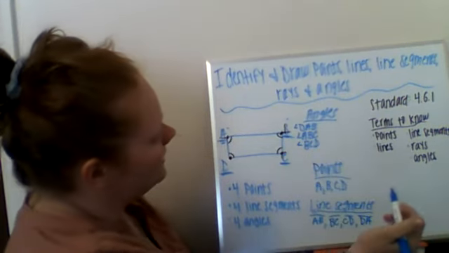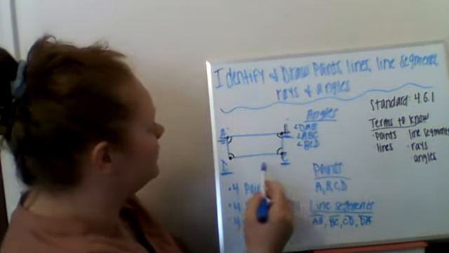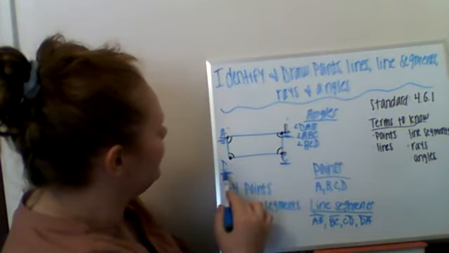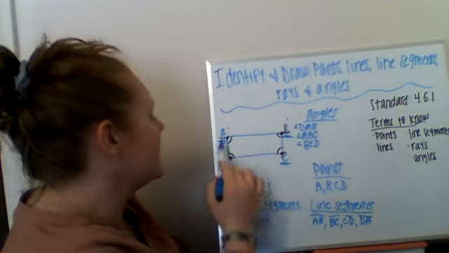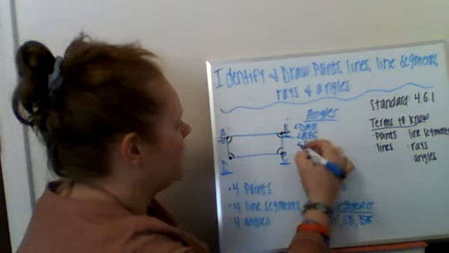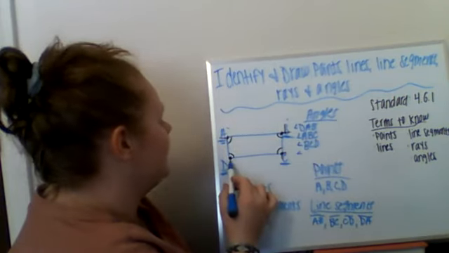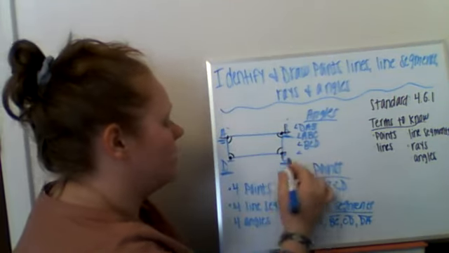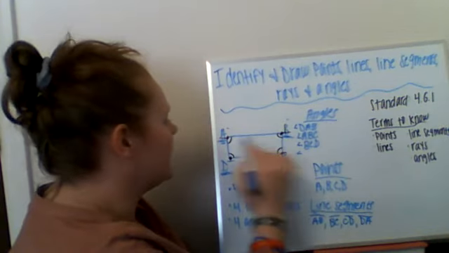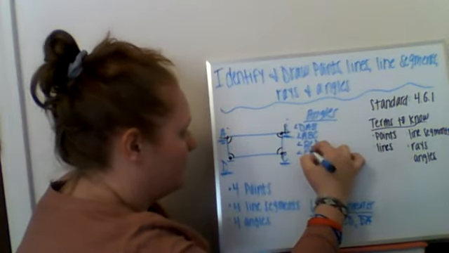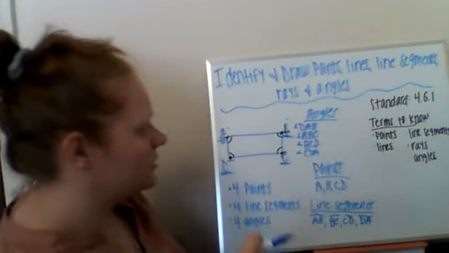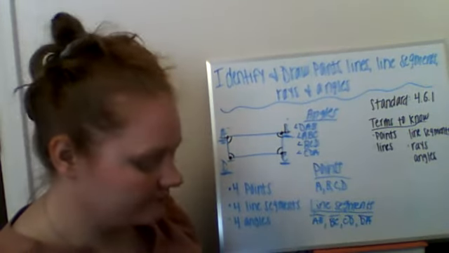Then the last angle we looked at was dealing with rays CD and DA, and this angle has the common endpoint of D. So I'm going to put CDA. That is how I got the angles.